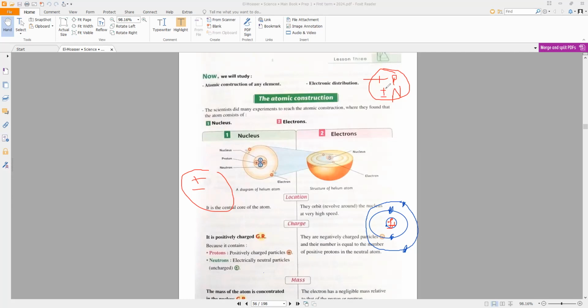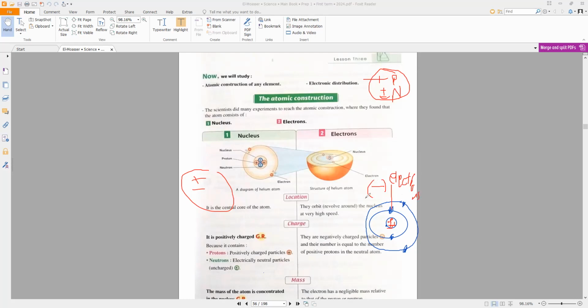Neutral charge means uncharged. Okay, this is the nucleus. Around the nucleus there are electrons. This is called an electron. The charge of the electrons is negative charge.